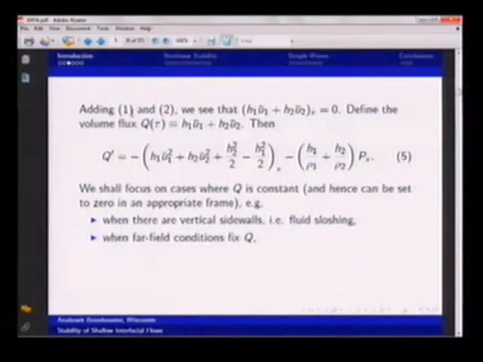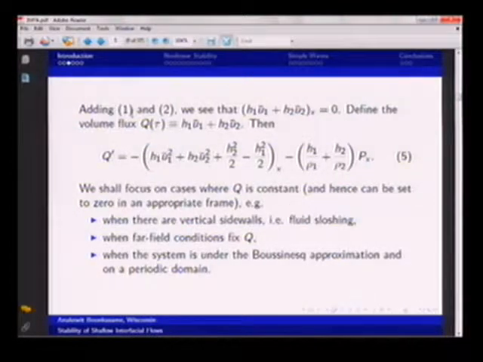It's obvious here that the volume flux must be 0. The second case is when you fix some conditions at infinity and make Q constant. The third one is not too hard, but it's more complicated than the first two.